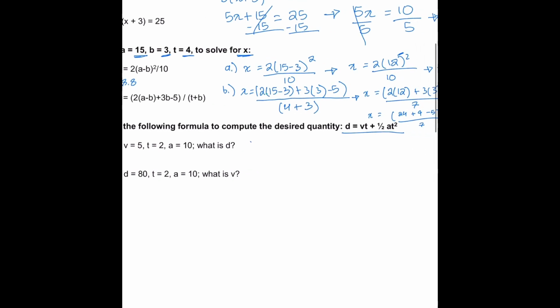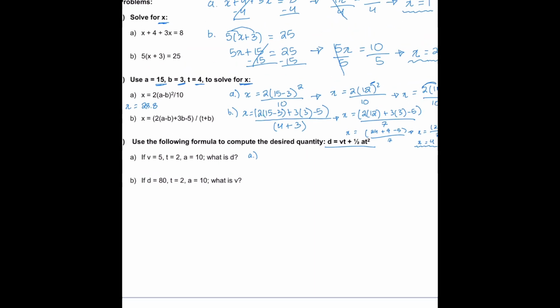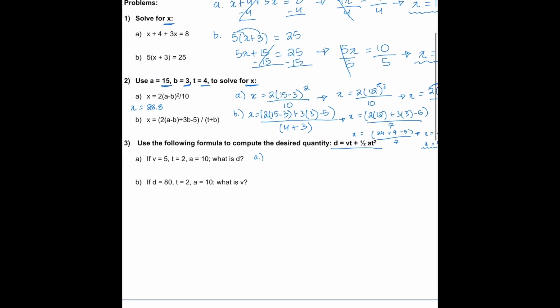So question number 3, part A. It's asking if v is equal to 5, t is equal to 2, and a equal to 10, what is d? So in this case here, we're solving for this. So we're going to go ahead and have that blank.